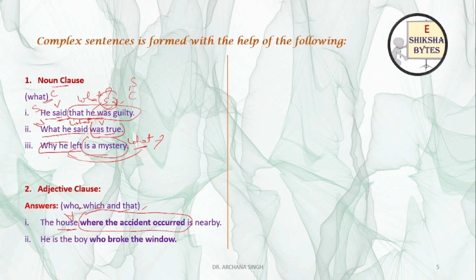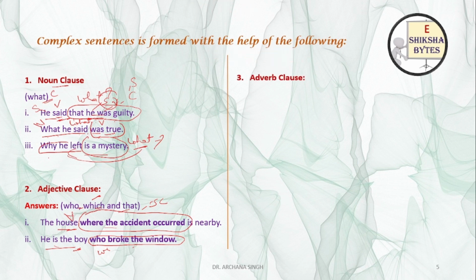If you ask the question which house, you get the answer. So this becomes your subordinate clause, and with this you can make a complex sentence. Another example: he is the boy who broke the window. Which boy? If you get the answer of which, this becomes your complex sentence.